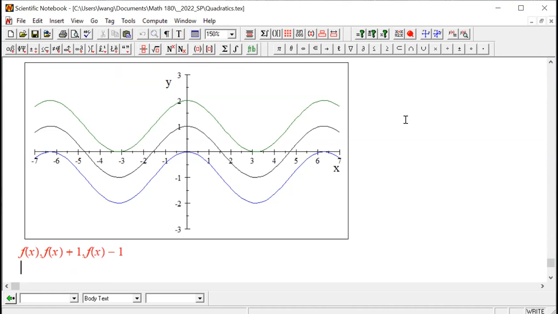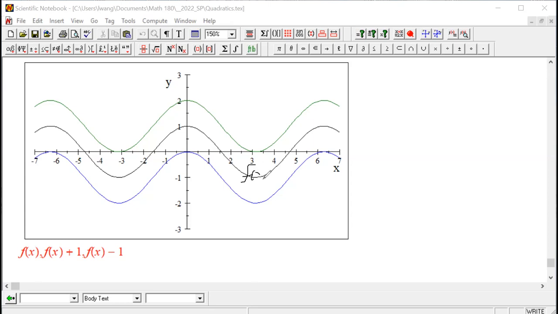I'm going to use this picture to illustrate. So this is f of x. And the green, you know what, I should use the right color coordination. So this is going to be f of x.